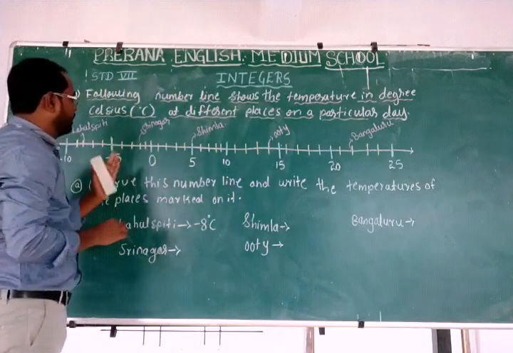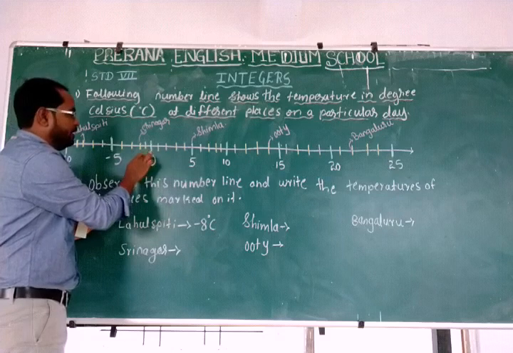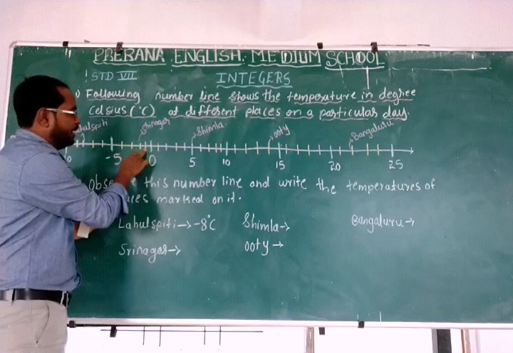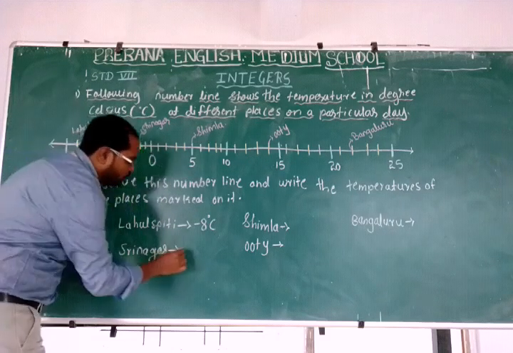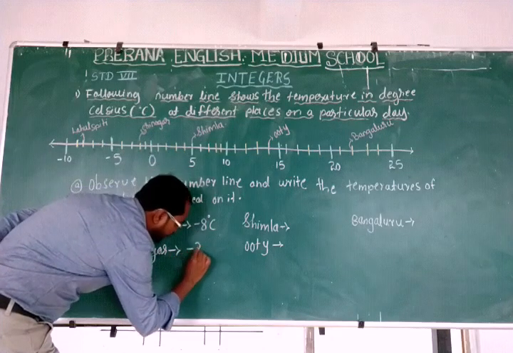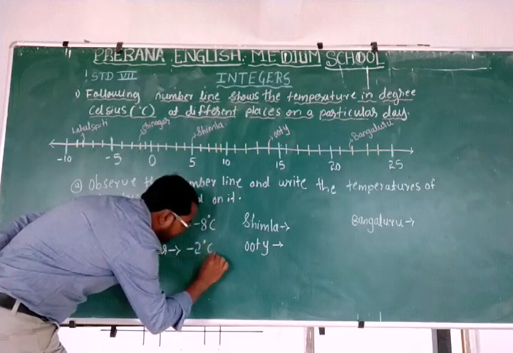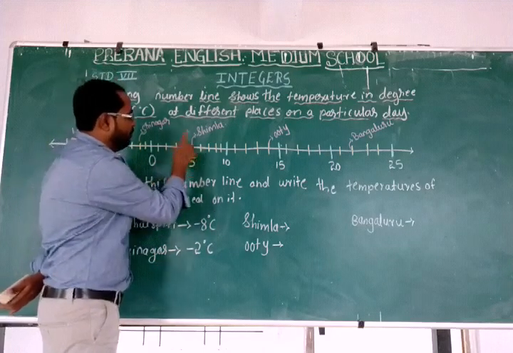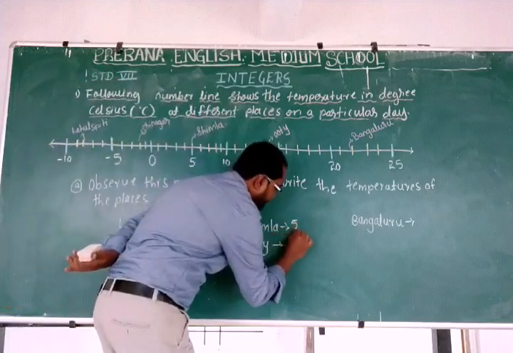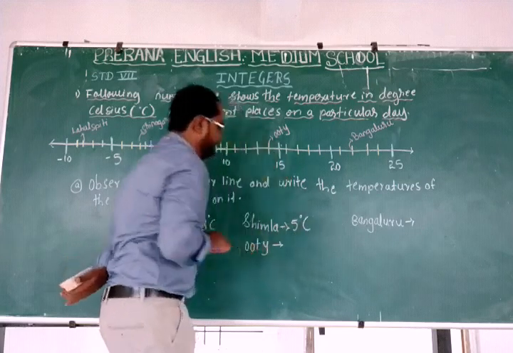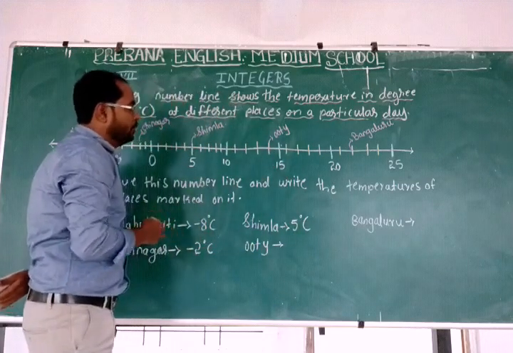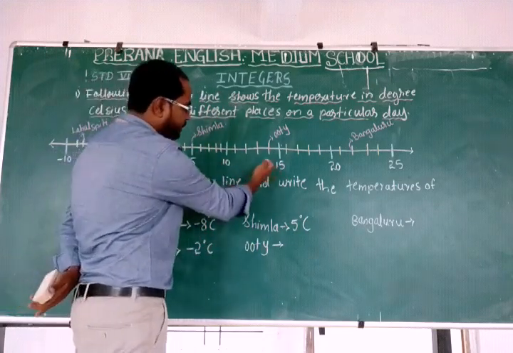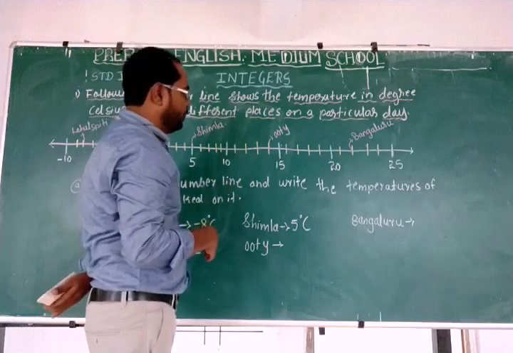So next, Srinagar. See here. Here it is 0. After -1, -2, it is -2 degrees Celsius. Next, Shimla is exactly on 5, so write 5 degrees Celsius. Next comes Ooty. Ooty is after 10 and before 15.